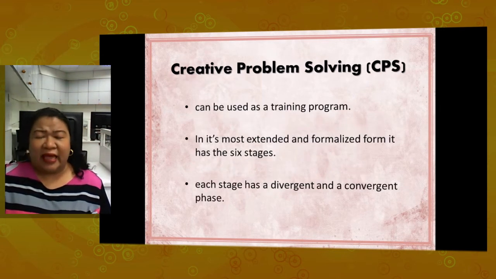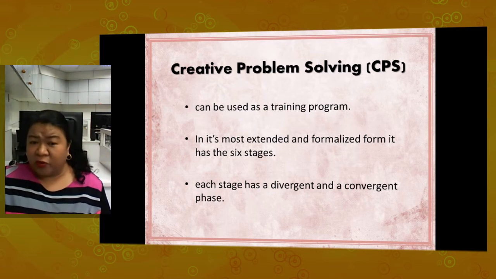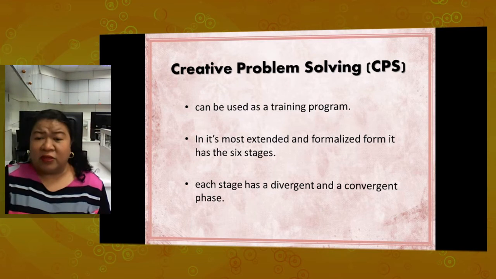So it can be used. The CPS can be used in training programs, and in the one that we will discuss today, because there are different versions, there are 6 stages, and each stage has divergent and convergent phases.